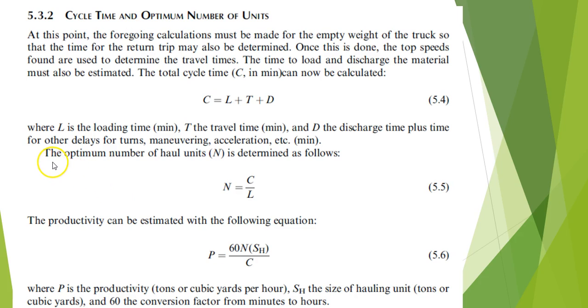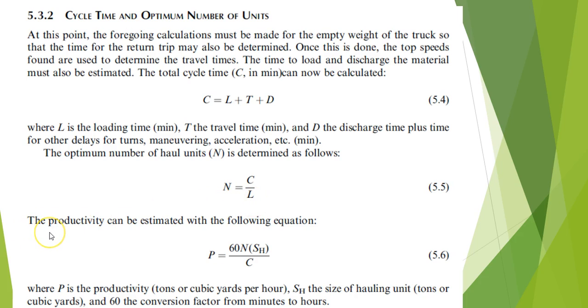What we're interested in, though, when it gets all said and done, is the optimum number of haul units, which is N, that you need to make an efficient operation. And that calculation, the number of units, N, is simply C, the cycle time, divided by L, which is the loading time.